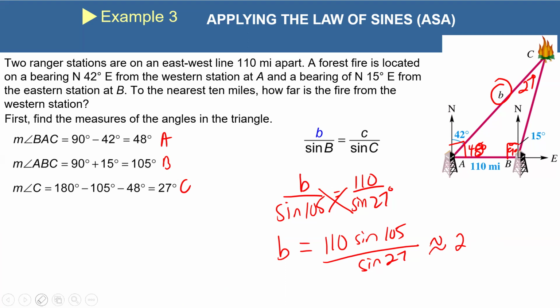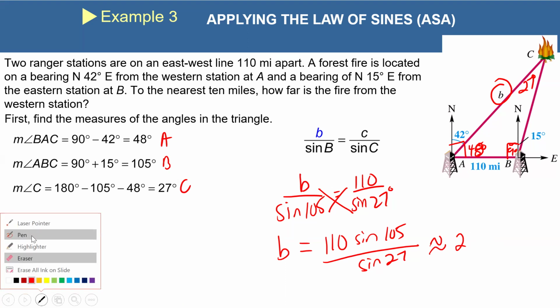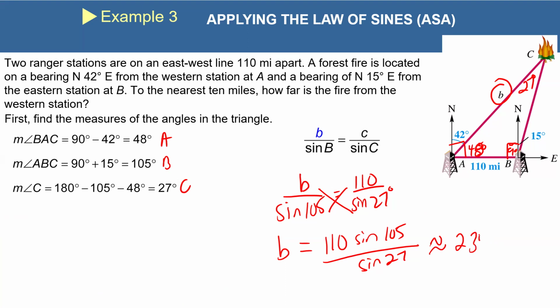Give me a decimal. Okay. How are you feeling about that? Applying the law of sines. Okay. This is why it's very important for you to draw the triangle. Draw the triangle. Draw the triangle.